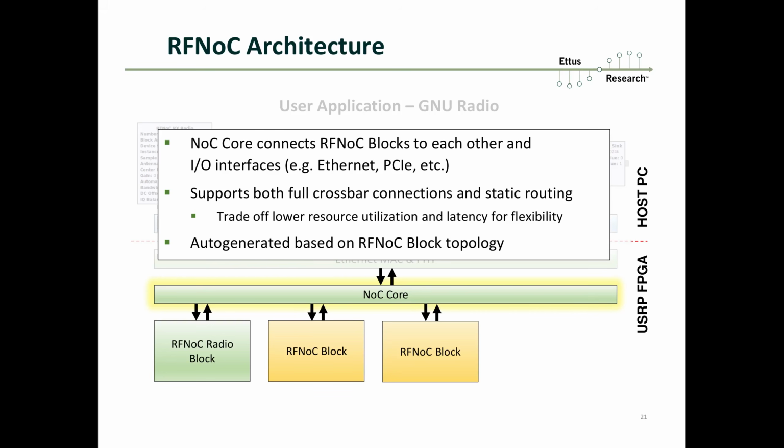The NOC core is fully connected, meaning that each component connected to the crossbar is connected to all other components connected to the NOC core. The NOC core also supports static routing between blocks and is auto-generated based on the topology of the various rfnoc blocks in use. The name of the framework, rfnoc, or RF Network on Chip, comes from this architecture.